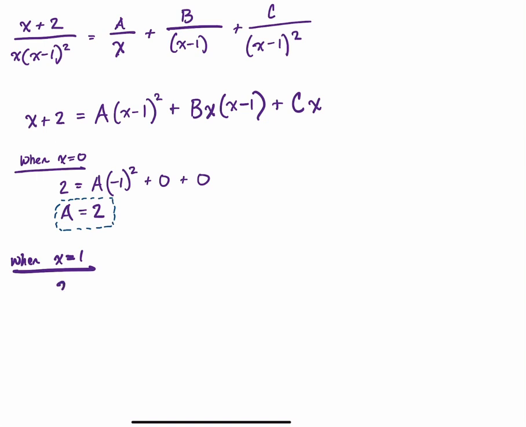So we'll have 3 will equal a times 1 minus 1 squared, so 0a, plus b times 1 times 1 minus 1, so that will give us b times 0, plus c times 1. So we get that c is equal to 3.